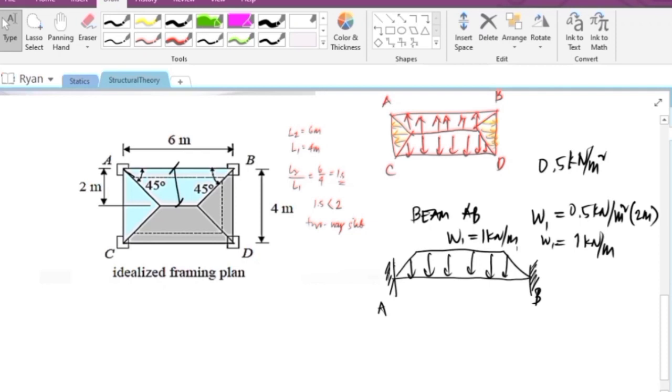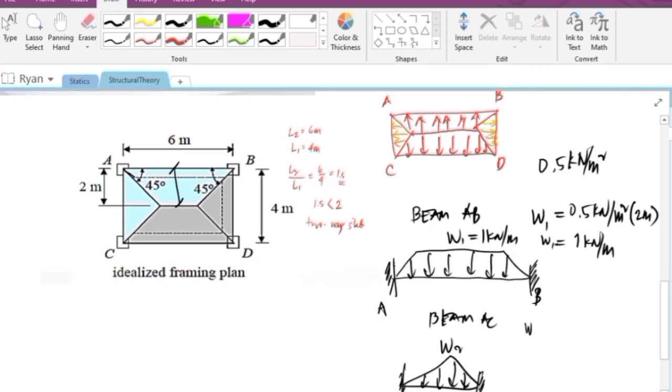And for beam AC, beam AC is just the same as beam BD. This is triangular, and this is a fixed support, and this is W2.